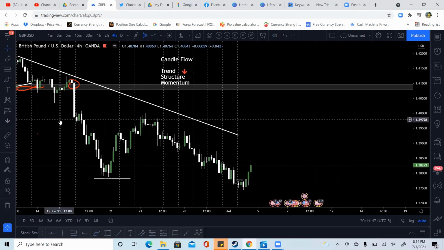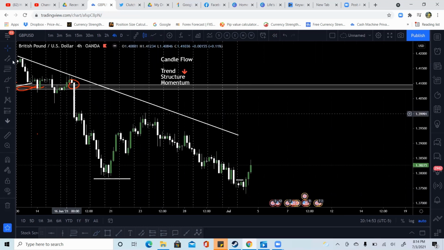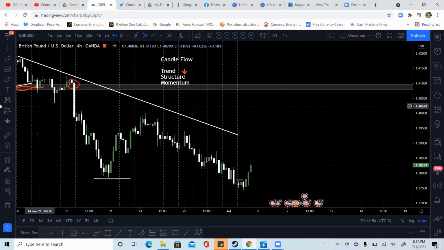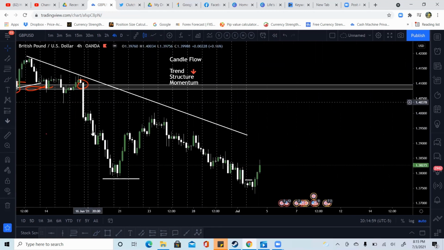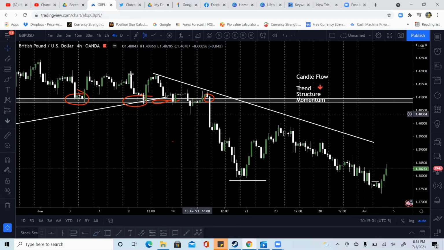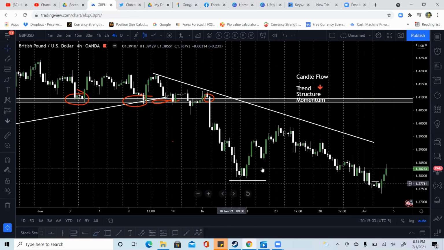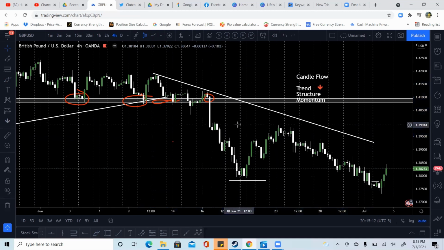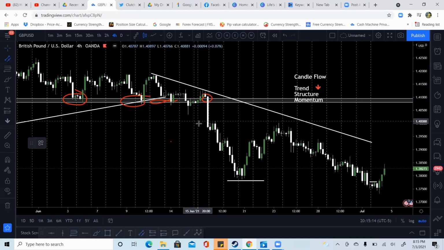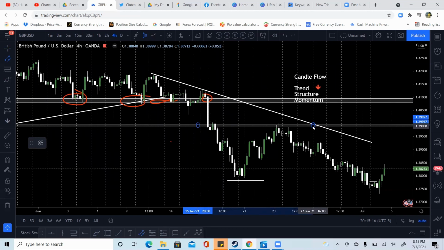If you look at the current price action of the market, the current price action is downwards. So structure is downwards because price is making lower lows and lower highs. So you see how price keeps going lower. That means the structure of the trend, the structure is matching the trend. It keeps going back to these points.